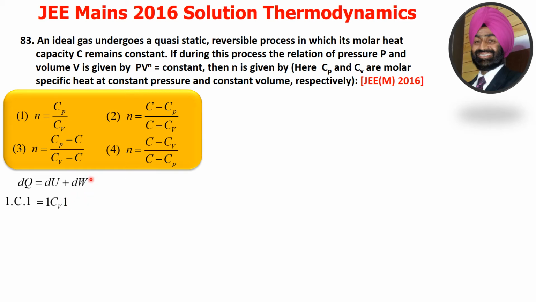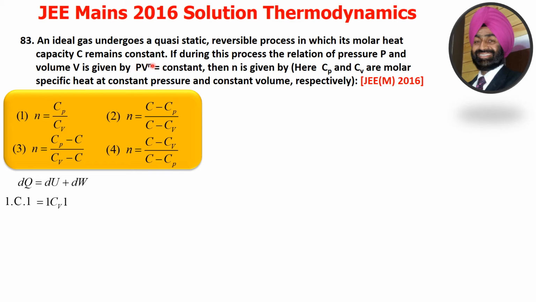Further, for work done, we'll use the expression for the adiabatic process. In the adiabatic process, you had PV^gamma equal to constant. So work done in the adiabatic process was nR over gamma minus 1 into T1 minus T2, as you have learned in the chapter thermodynamics. So here PV^gamma is replaced by PV^N.